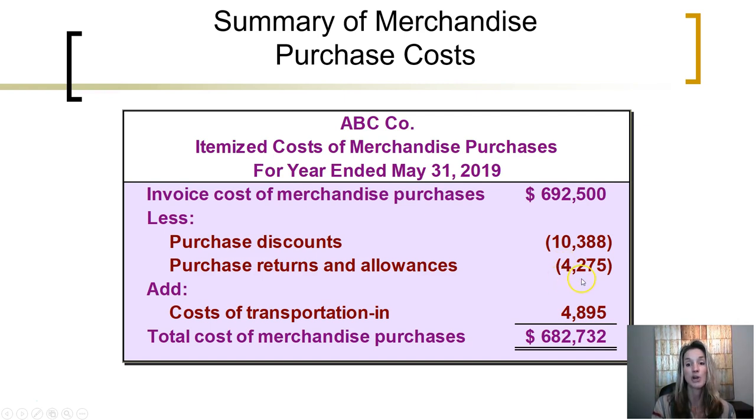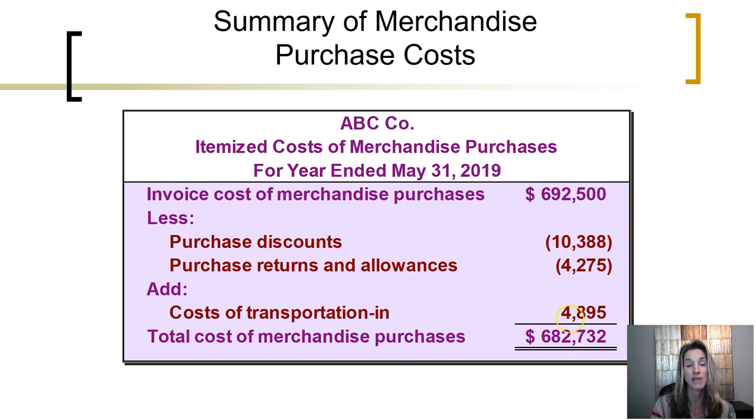They also returned $42.75 of inventory, which they would have decreased the inventory account for any returns and allowances. But they paid shipping of $4,895 on those purchases, adding to the cost of the inventory.